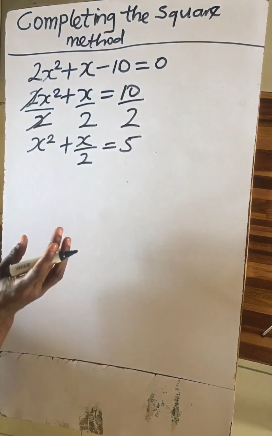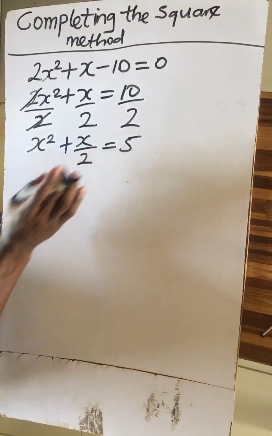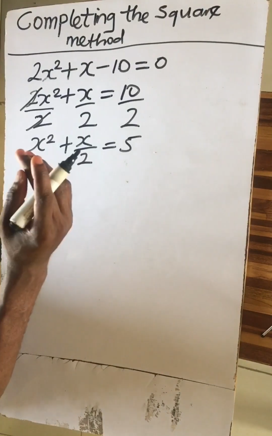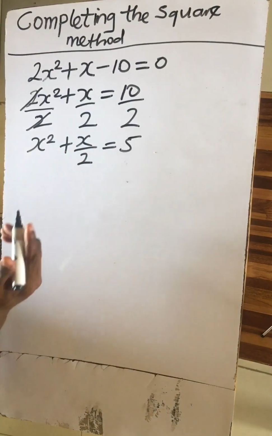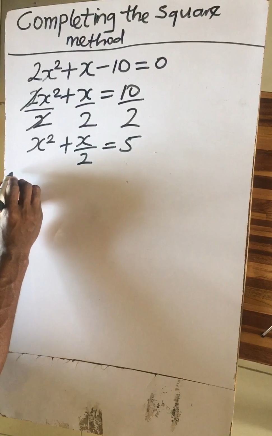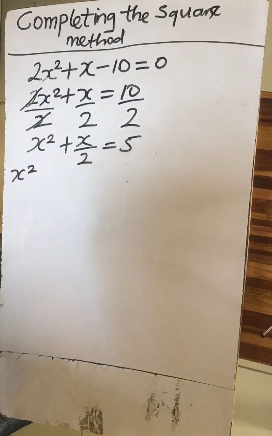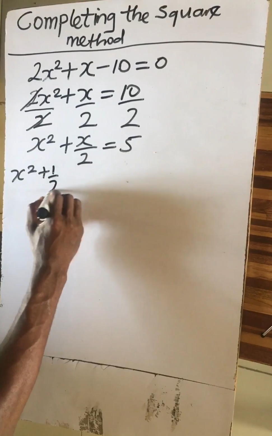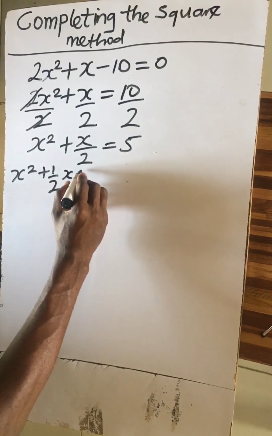Our next step now is to find the coefficient of x. The coefficient of x is 1 over 2, and we are going to multiply it by 1 over 2 and square it. So what we have now is x squared plus 1 all over 2x equal to 5.